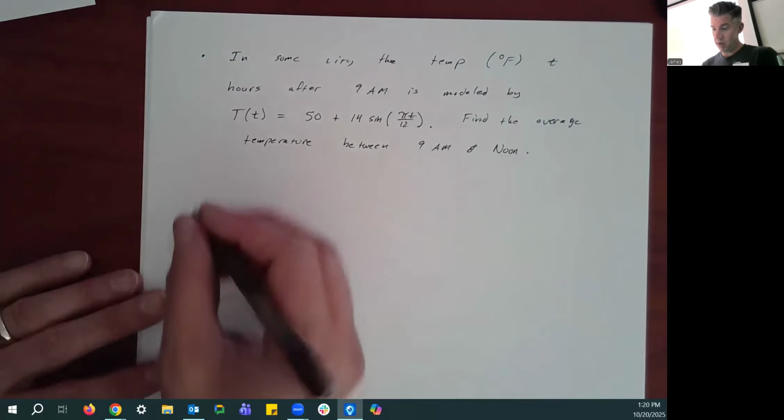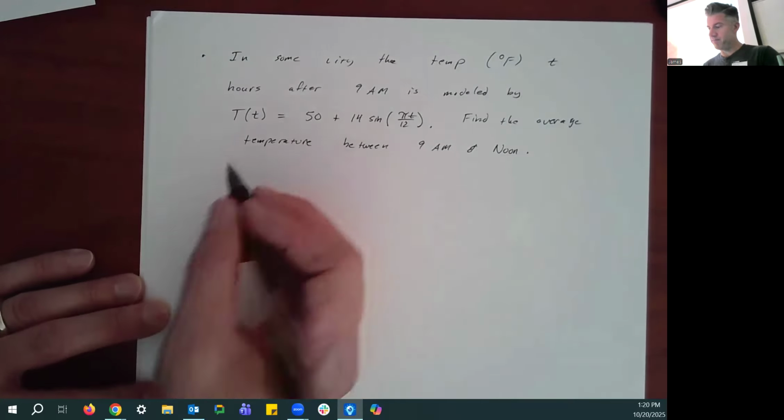Still a relatively straightforward calculation. We're just going to, again, find the integral of this function over the interval and then divide by the length of the interval.